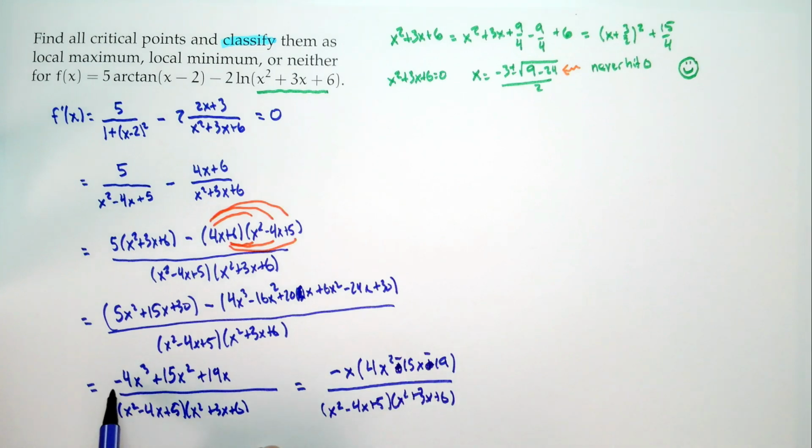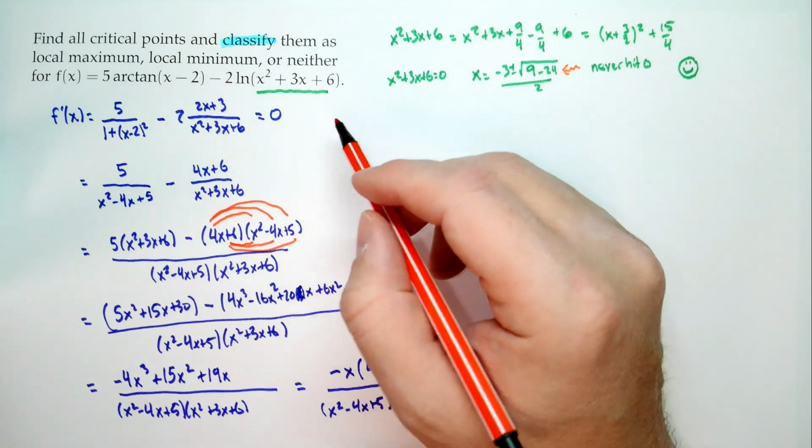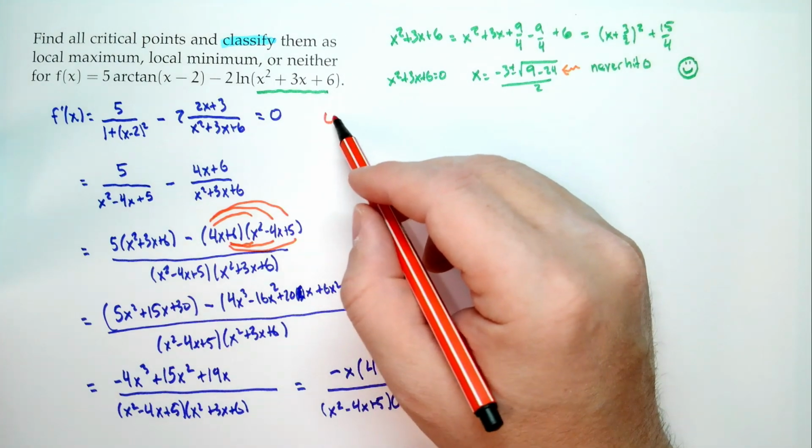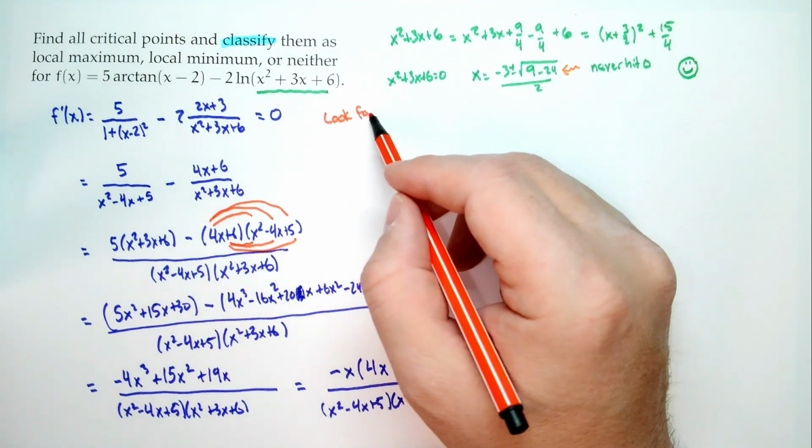Remember, if you're going to pull a negative out of one term, you got to pull them out of all the terms. There we go. Okay, so now all that's left is we have to factor 4x squared minus 15x minus 19. If it can factor, can it? I don't know. Maybe, hopefully. Now, how do you factor such a thing? Well, there's a couple things you should do. So when you're factoring, you should try to look for some common roots, because that can help.